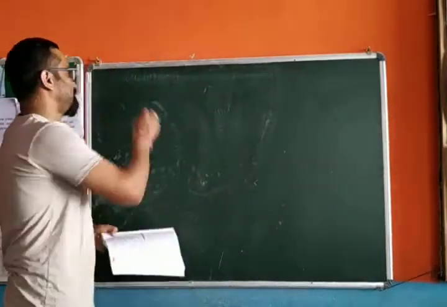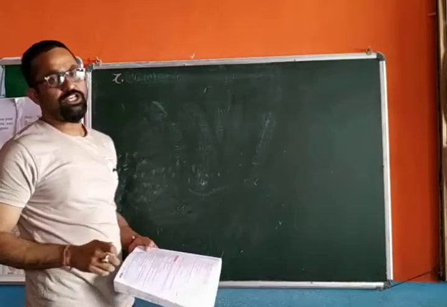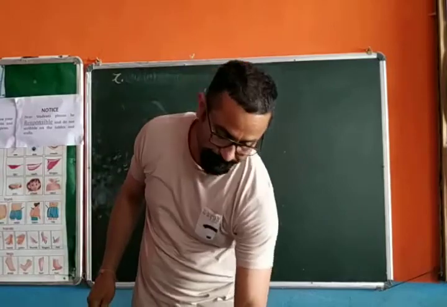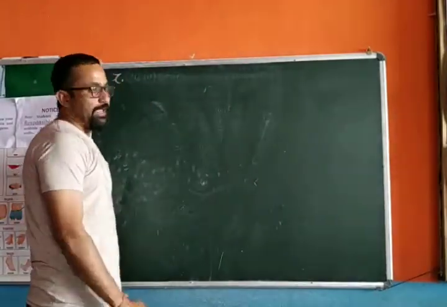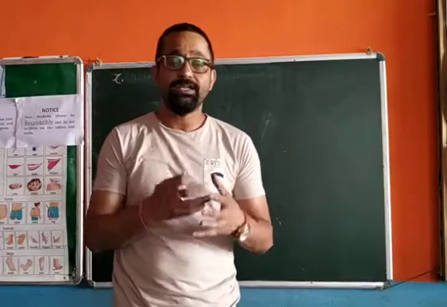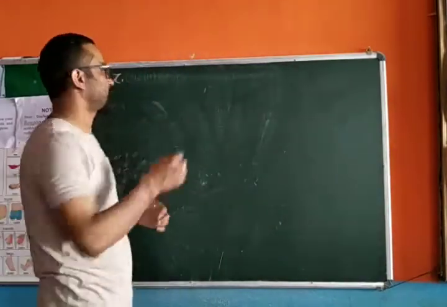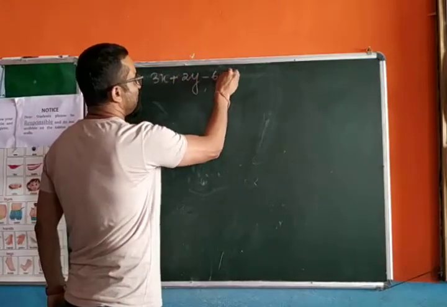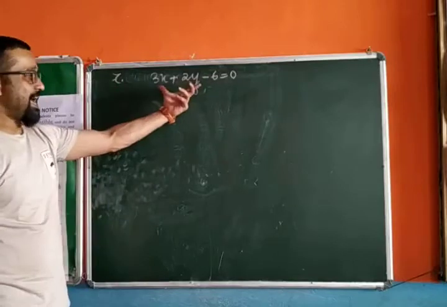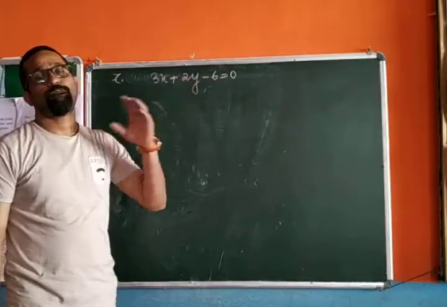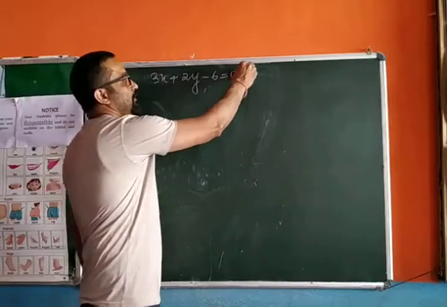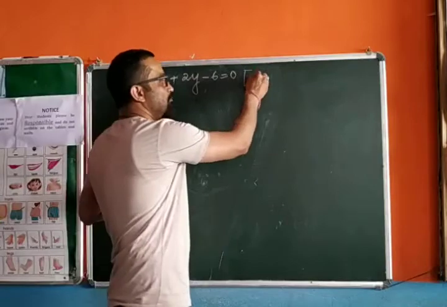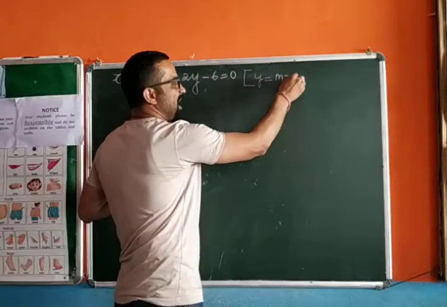Now number 7. To calculate slope and y-intercept when the equation is given. Find the slope and y-intercept of the following: 3x plus 2y minus 6 equal to 0. This is not in the standard equation of a straight line. You need to simplify it so that it comes to the standard form y equals mx plus c.